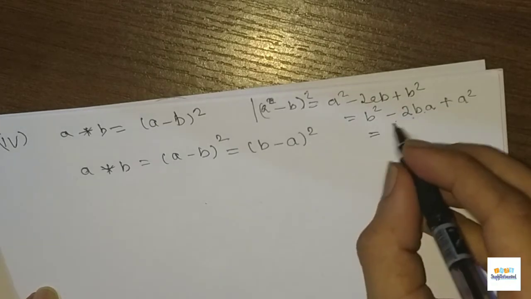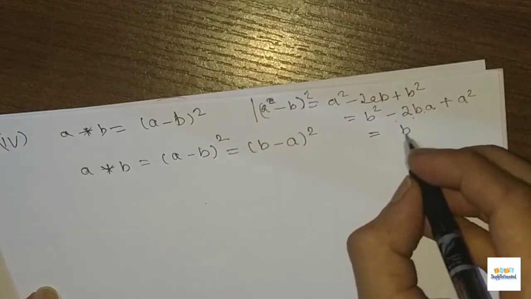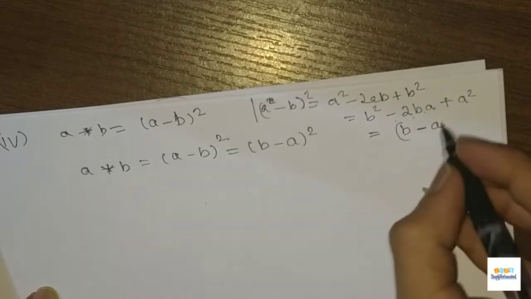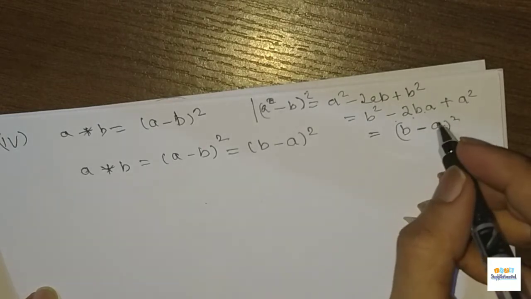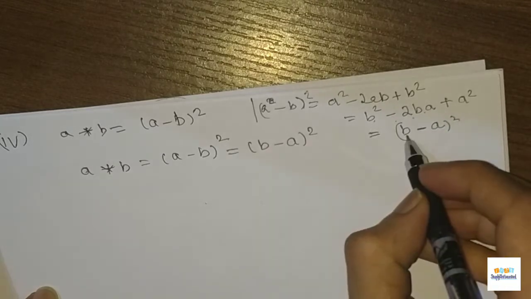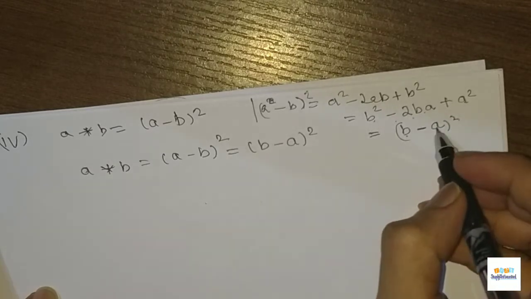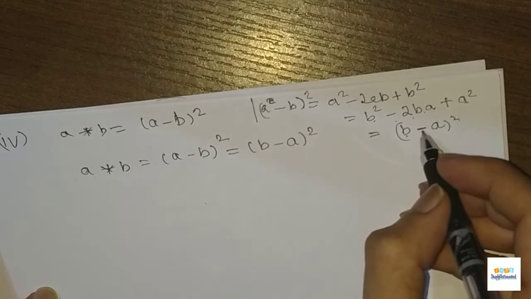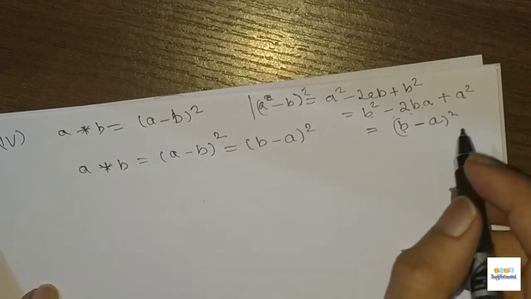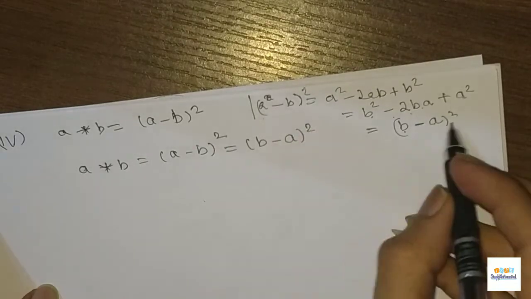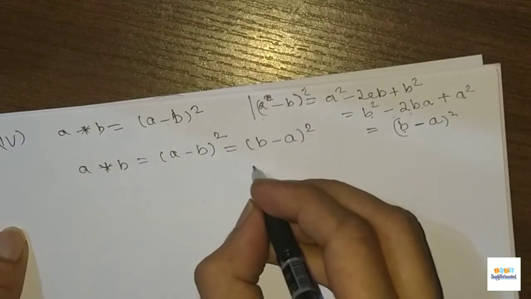By the formula, this is (b minus a) the whole square. Instead of a it is b, and instead of b it is a, because b is first and a is second. So (a minus b) the whole square is equal to (b minus a) the whole square, right?